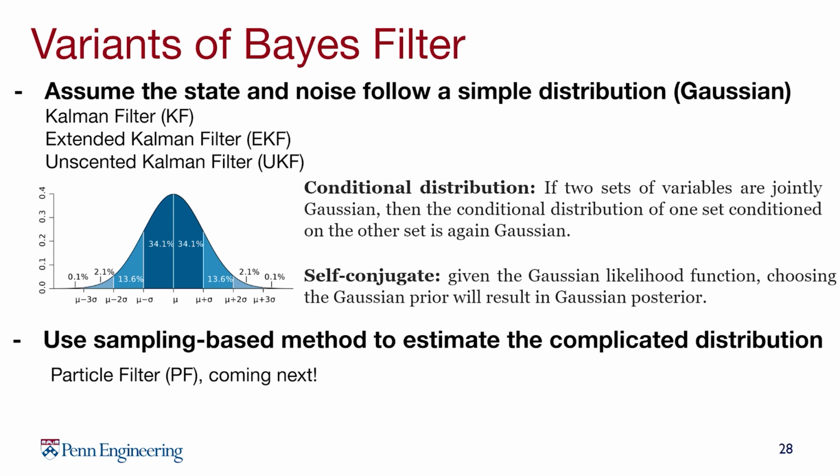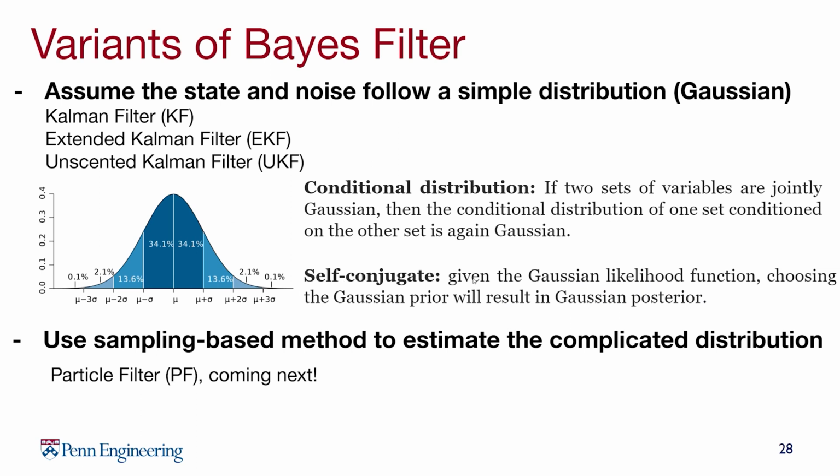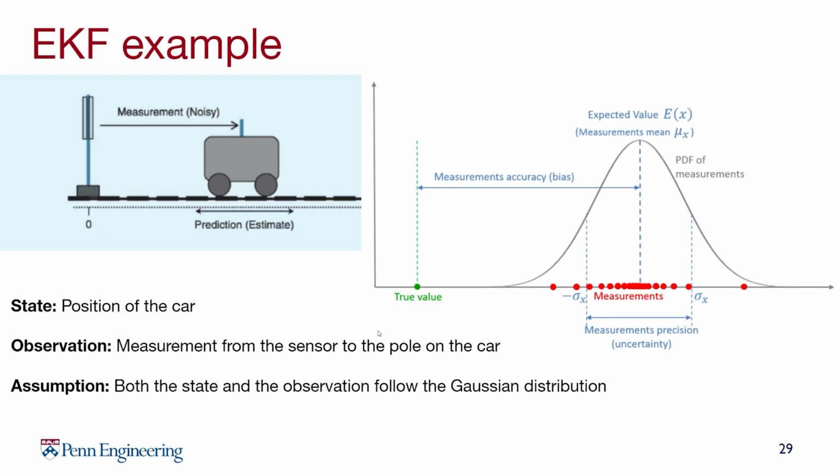So that's the idea of the particle filter, which was introduced in our Wednesday lecture. And then for today, we will take a quick example for the extended Kalman filter, just to let you better understand the process of the Bayes filter.